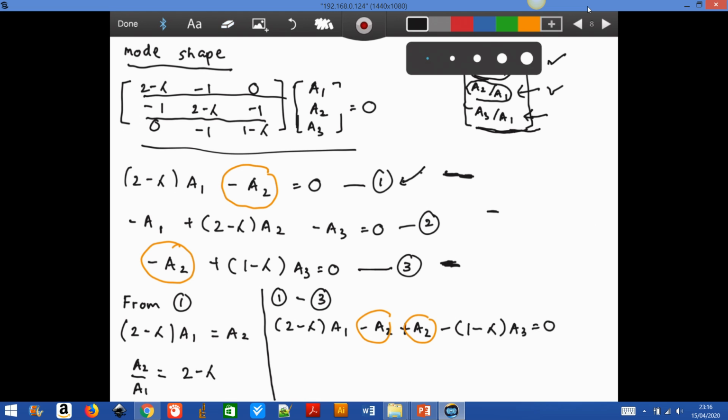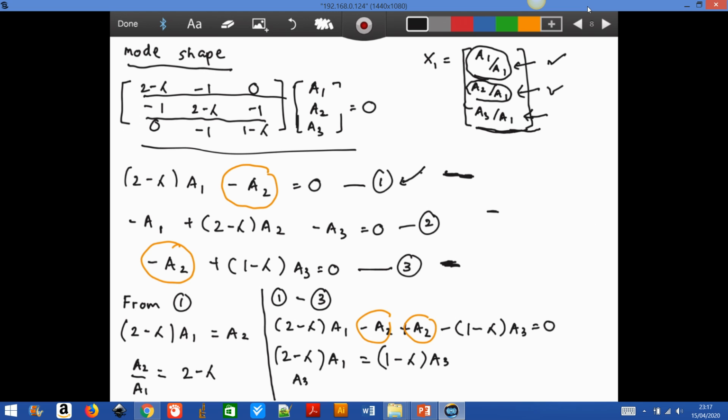So we are only left with 2 minus lambda a1 is equals to 1 minus lambda a3. So a3 over a1 is equals to 2 minus lambda over 1 minus lambda. Alright, so we have solved a2 over a1 and a3 over a1.